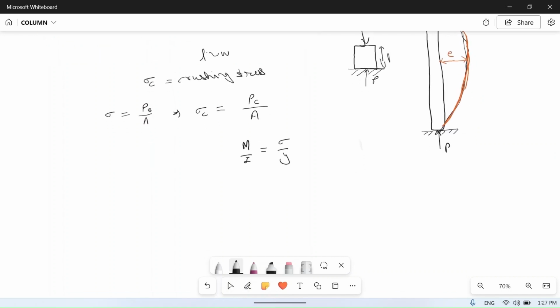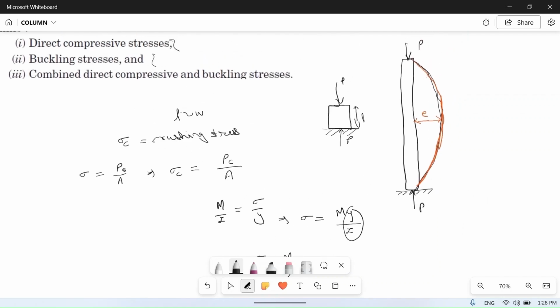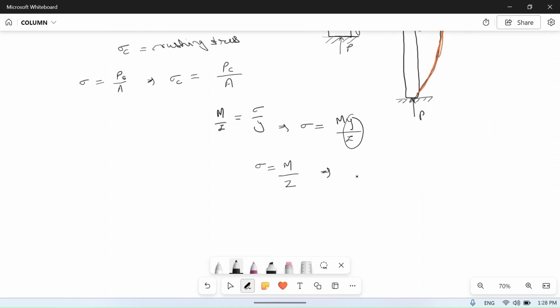So in this case what will be the stress? Sigma is equal to M y upon I, and I upon y is called Z, the section modulus. So sigma will become M upon Z. But in this case, what is the moment? Moment is equal to force into distance, so M is equal to P e. So sigma buckling will be equal to P e upon Z.